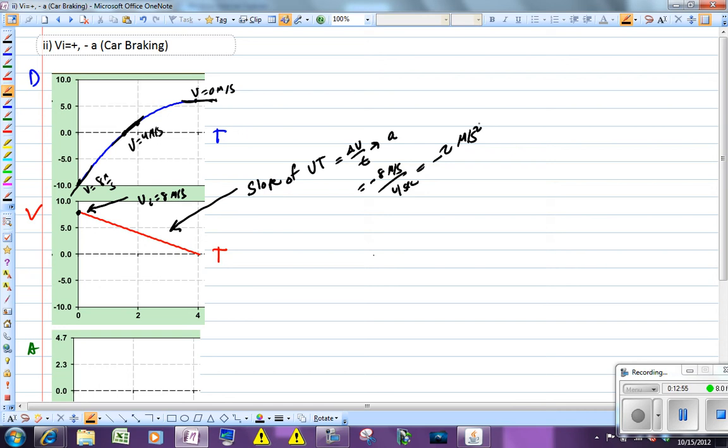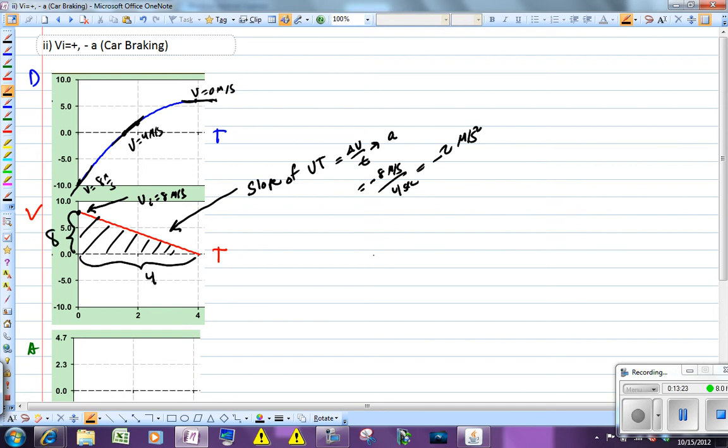The third piece of information we can gain from a VT graph is from the area. Specifically the area between the VT line and the 0 axis. So when you look at that, this is not a rectangle, it's a triangle. And that triangle has a side of 8 over here and a base of 4.